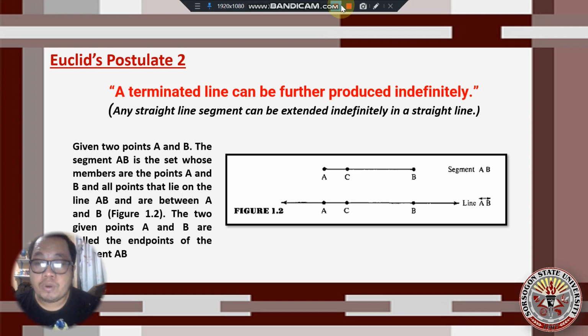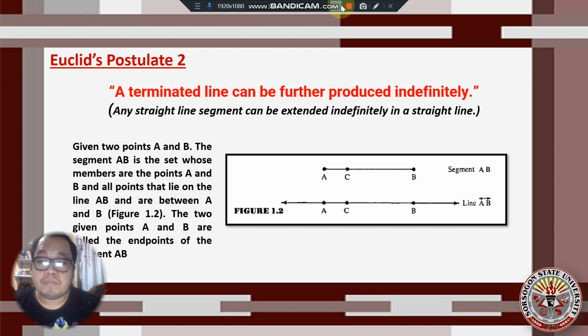The two given points A and B are called the endpoints of the segment AB. So we knew that a segment is defined as a part of a line in which it has two endpoints. On the given illustration, we have A and B as the endpoints of segment AB.